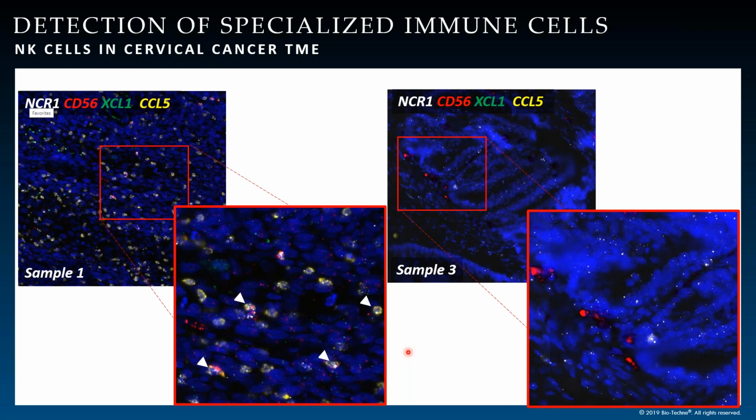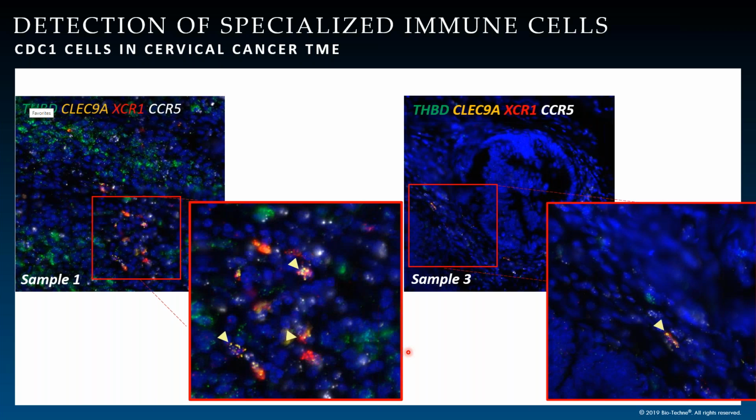Next, we wanted to see if these NK cells are recruiting any DC cells to the tumor sites. So again, we use specific probes against specific markers for conventional dendritic cell type 1. These include THPD, CLEC9A, XCR1, and CCR5.